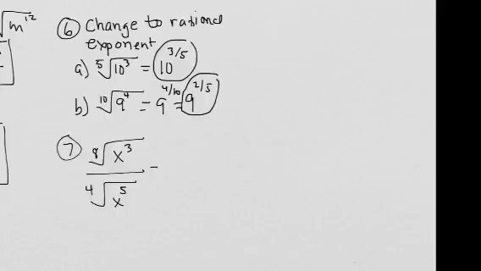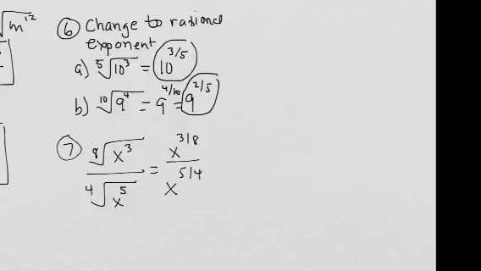Okay, and so I think the easiest way you can do this is change it to rational exponent. So this would be x to the 3/8 over x to the 5/4. Okay.